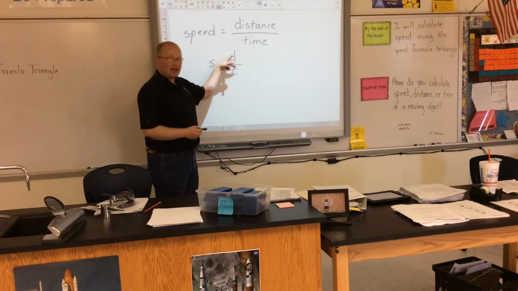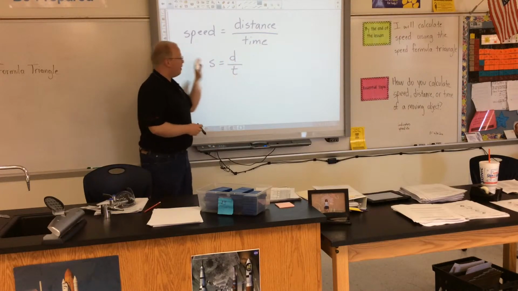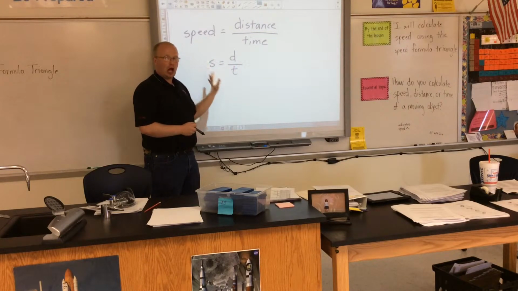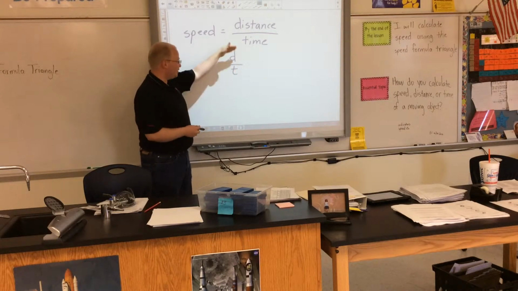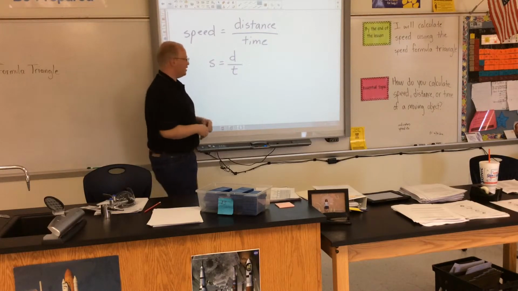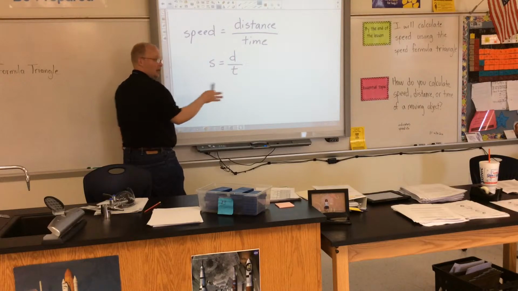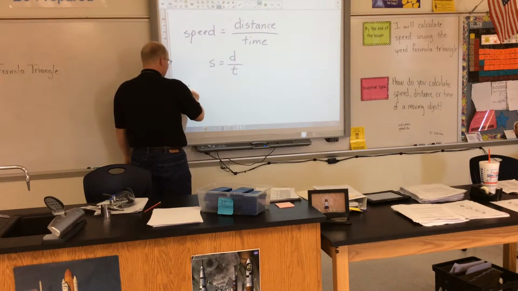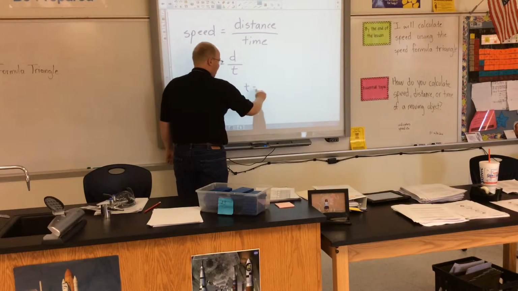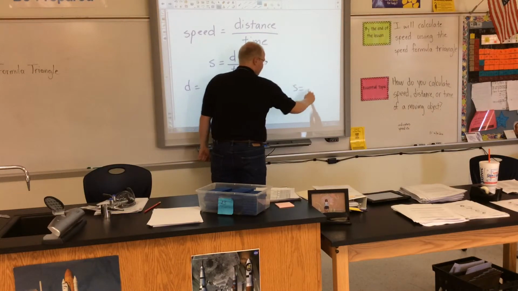Speeds are going to be combinations of distances and times. Miles per hour, meters per second, kilometers per hour. So we're going to take the distance units and combine them with the time units. Whenever we calculate speed, we're always looking for three things: a distance, a time, and we're trying to figure out the speed.